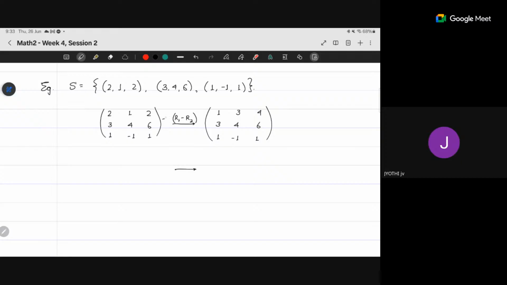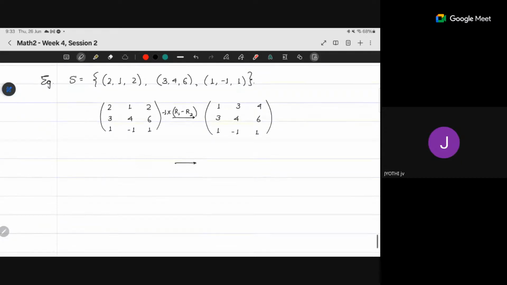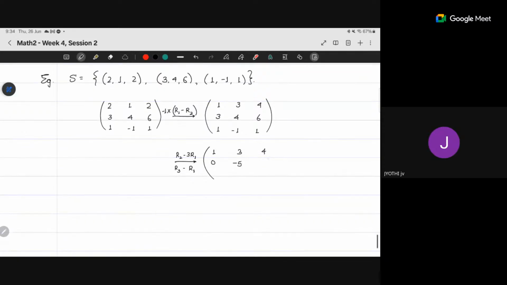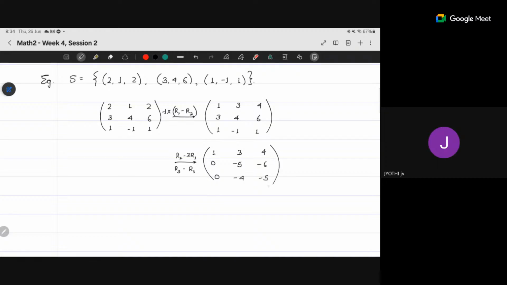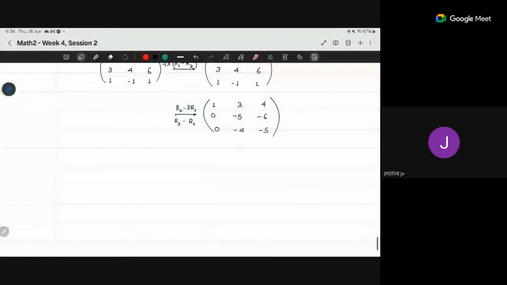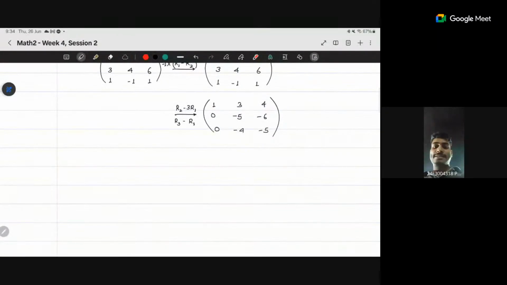This is actually minus 1 into 2, but fine. Now I can do R2 minus 3R1 and R3 minus R1 to get what? 1, 3, 4, 0 minus 5 minus 6, 0 minus 4 minus 5. It turns out it's a 3-dimensional thing.